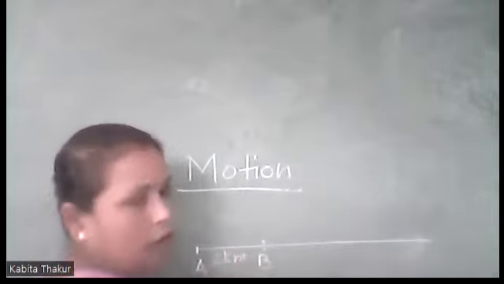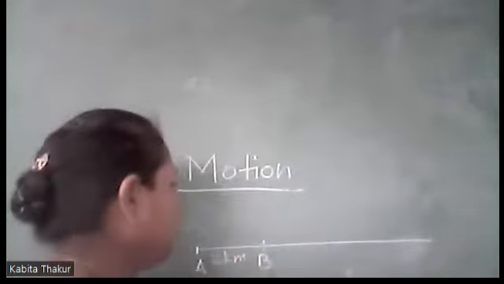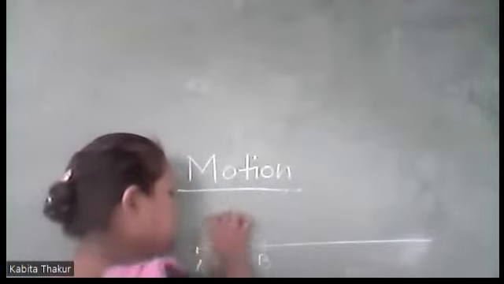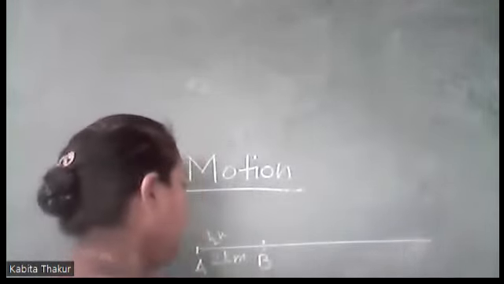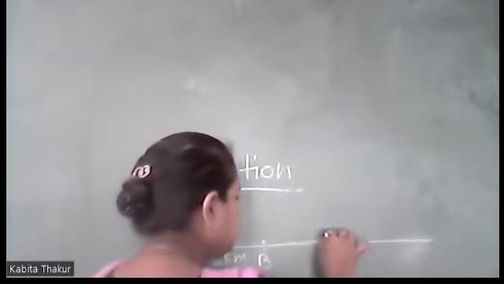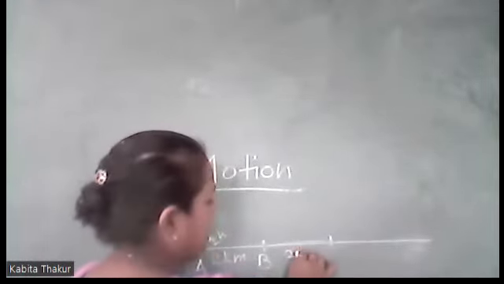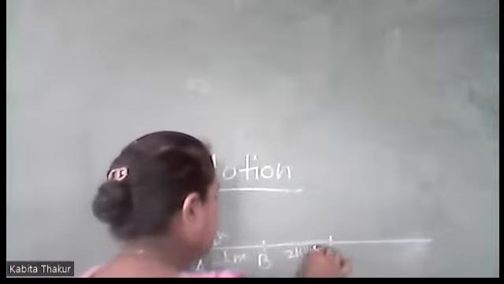If it is covering equal distance in equal intervals of time, and the time taken to cover the 2 kilometers is half an hour, then again from B to C it moves and completes a 2 kilometer distance.